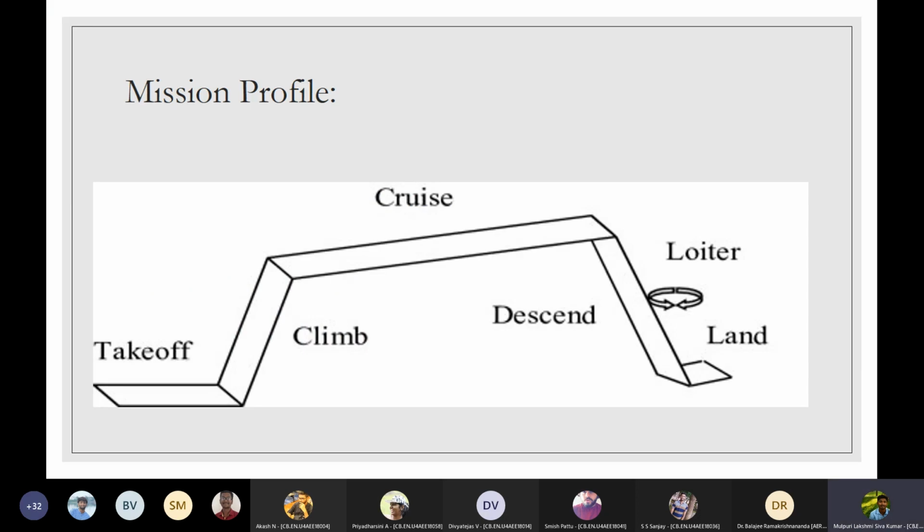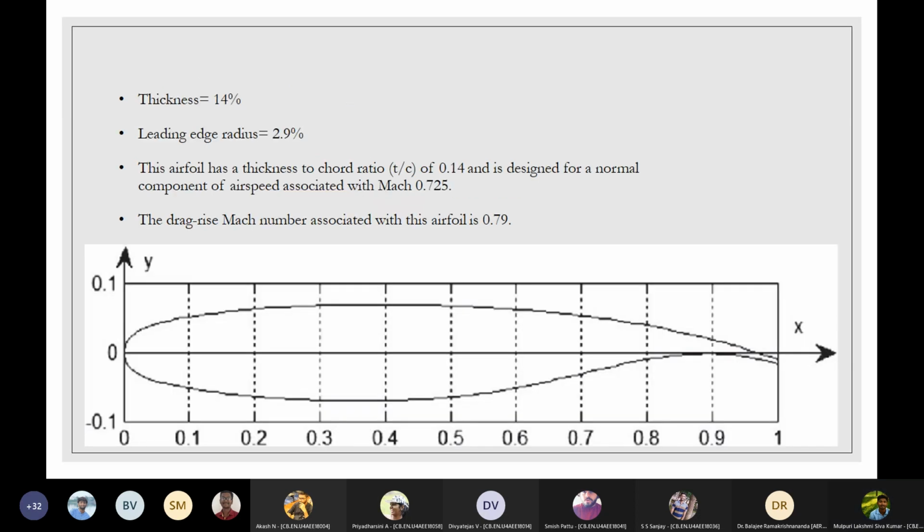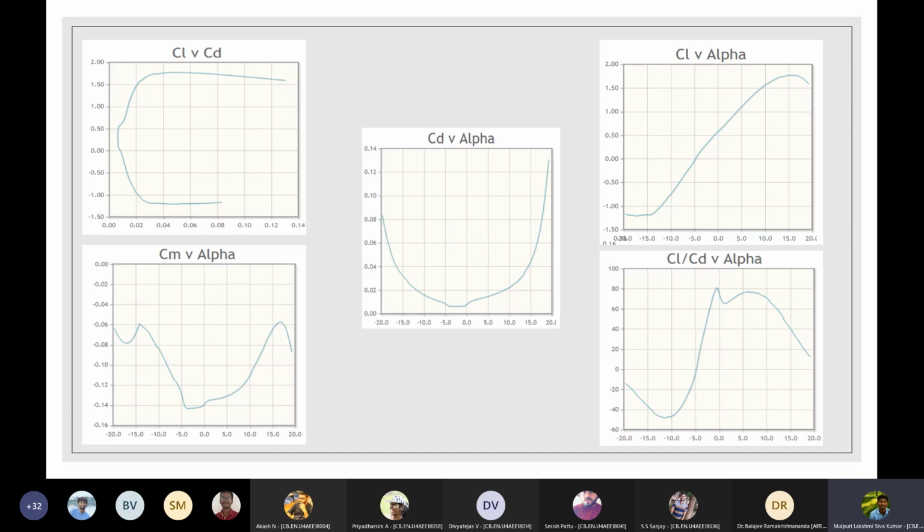This is the mission profile for our business jet. By finding the CL of the aircraft required from the start of the cruise to the end of the cruise, we have chosen a supercritical airfoil, which has the given characteristics and which also has a CL inside the drag bucket.